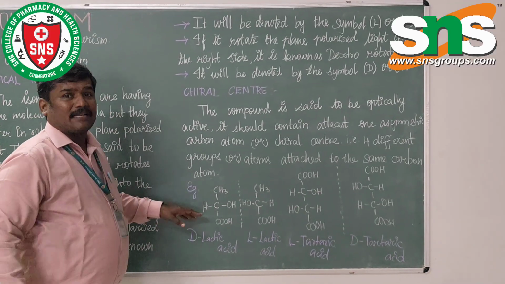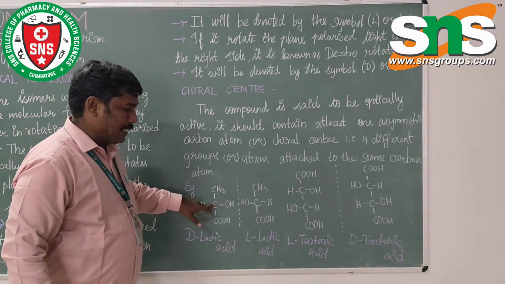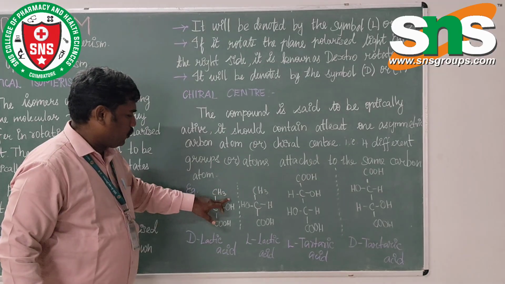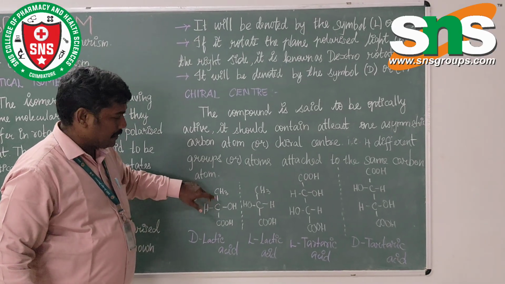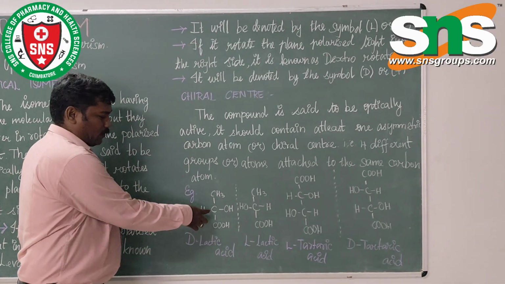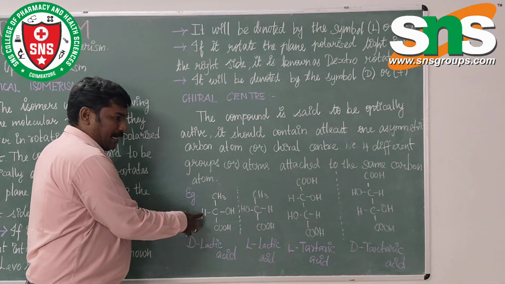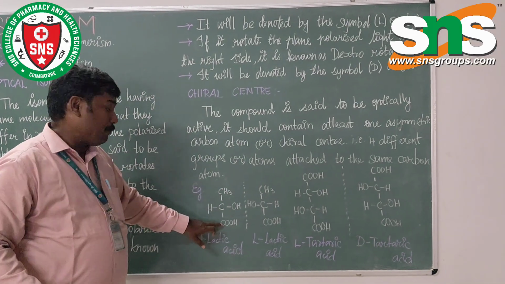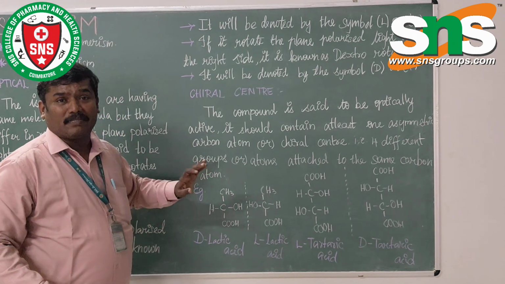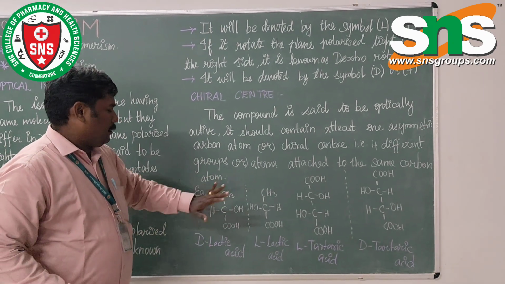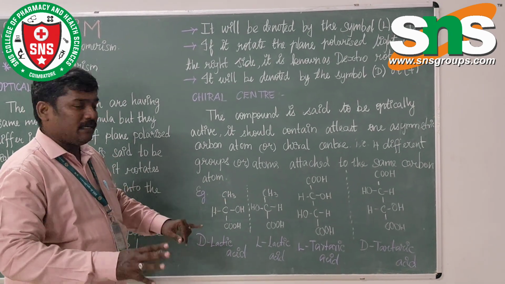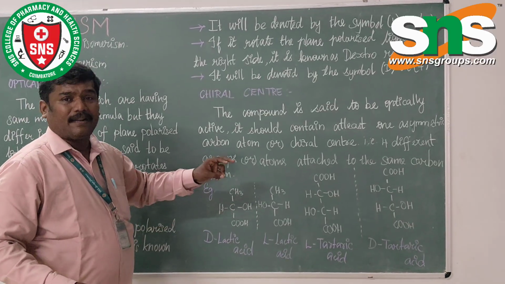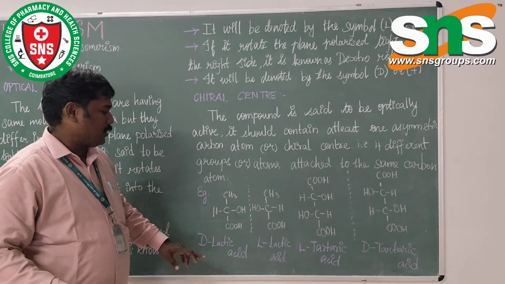This is the structure of lactic acid. To the carbon atom, four different groups or atoms are attached, so it is a chiral center. To the carbon atom, one hydrogen, one methyl, a hydroxyl group as well as a carboxylic acid group are attached.